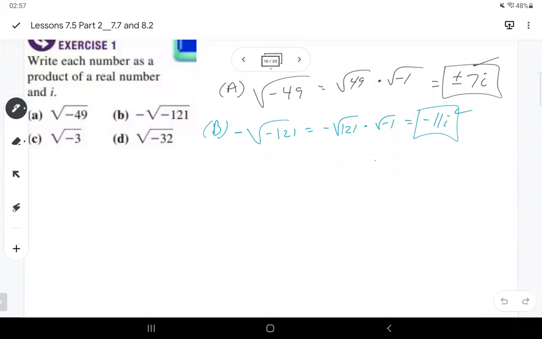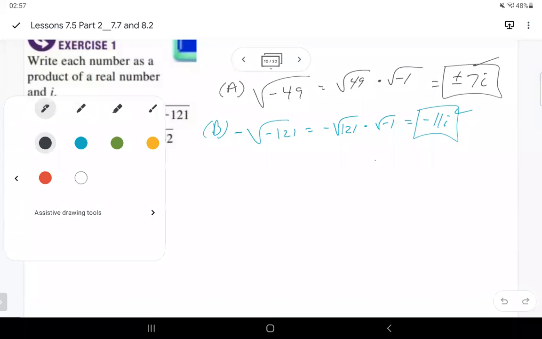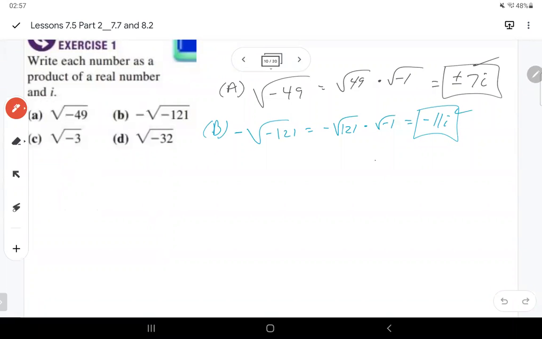Okay. So for C, the square root of 3 cannot be simplified, so it's just going to be plus or minus i square root of 3.